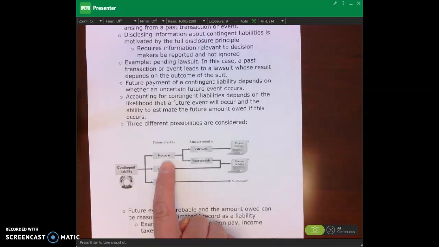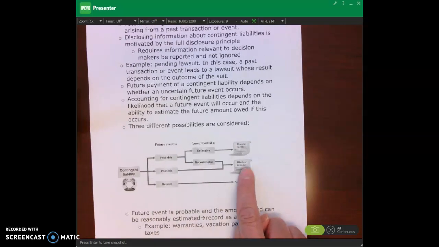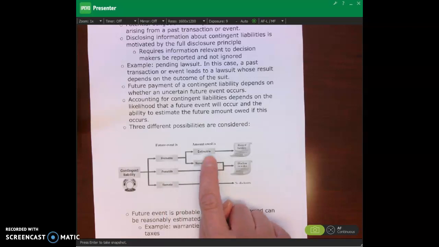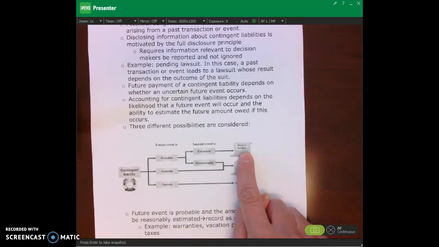If it's probable that we're going to lose and we still can't estimate how much we're going to have to pay, we have to disclose it in the notes per the full disclosure principle. If it's probable that we'll lose it, and we can make a reasonable estimate of how much we'll have to pay, we have to record that liability.